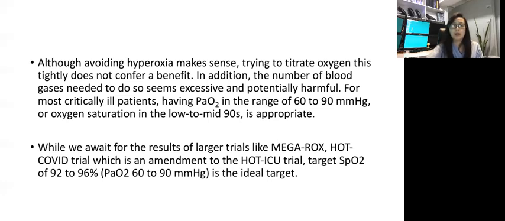While we await the results of larger trials like the MEGA-ROX trial or the HOT-COVID trial, which is an amendment to the HOT-ICU trial, targeting an SpO2 of 92 to 96 or a PaO2 of 60 to 90 seems to be the ideal target for now.